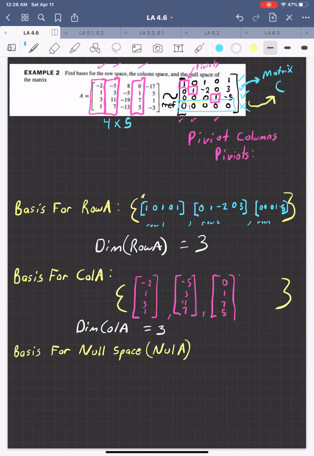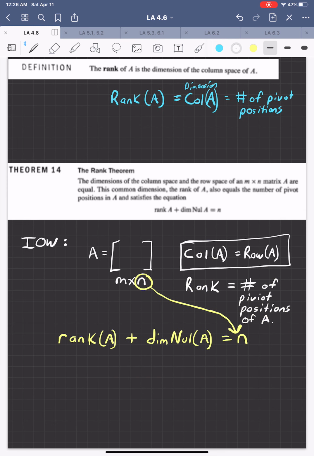Now, that's not a peculiar part of example 2. In fact, let me go back to where we left off. In fact, the dimension of the column space and the row space of some m by n matrix are equal.